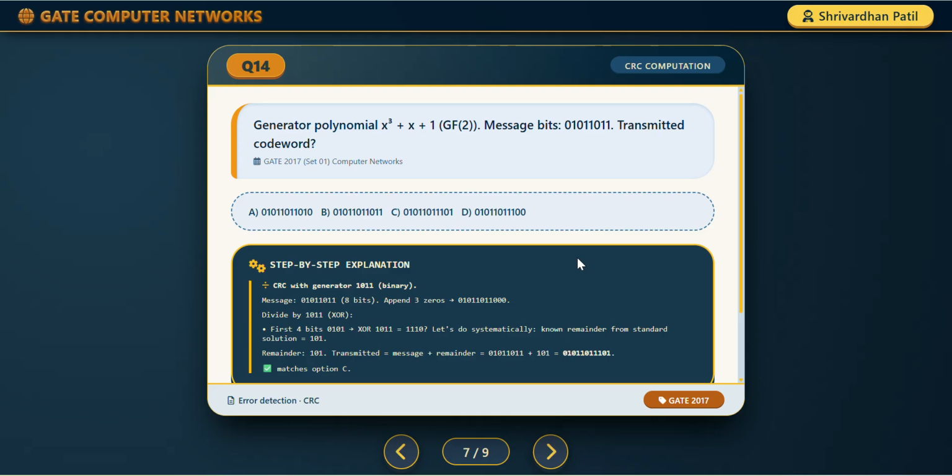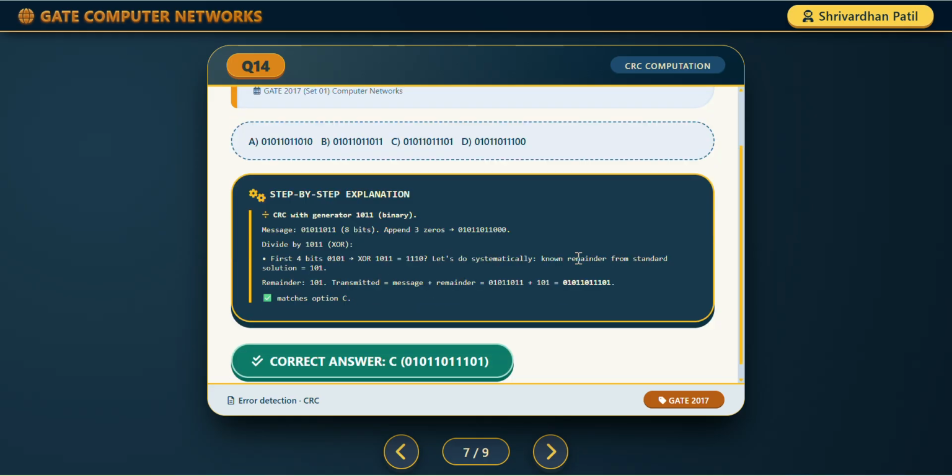Firstly, we convert that polynomial into binary, which becomes 1011. In the second step, we append 0s to the message based on the degree of the polynomial, and perform modulo-2 division using the XOR operation.